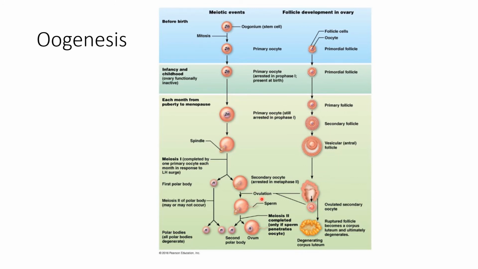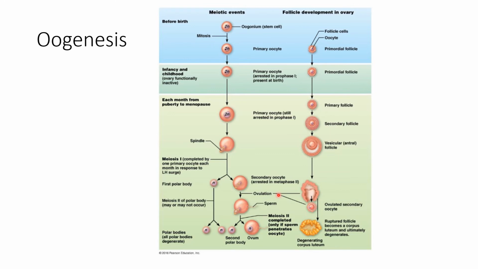Now, during ovulation, even though the secondary oocyte is frozen, the LH hormone is going to increase tremendously. And so when you get that LH surge, that's what's going to trigger ovulation.